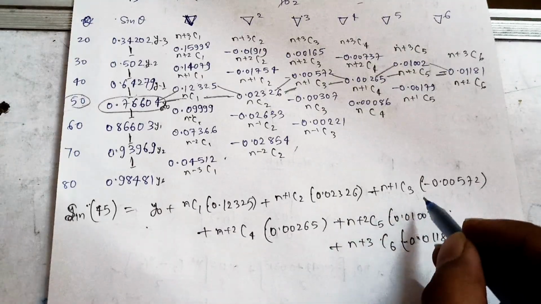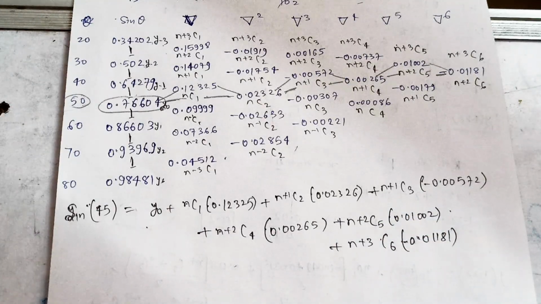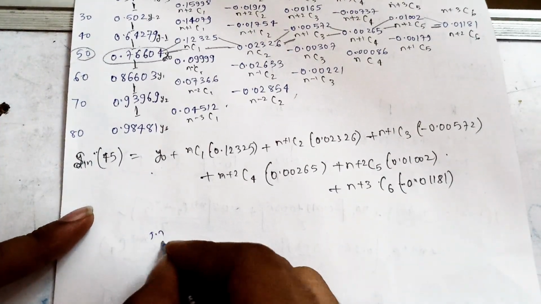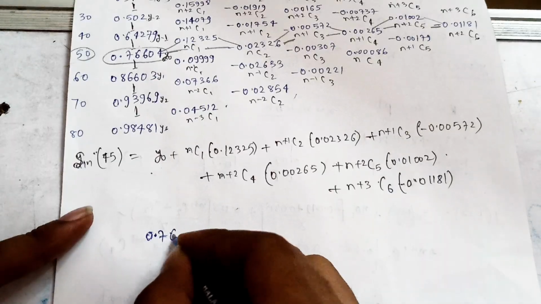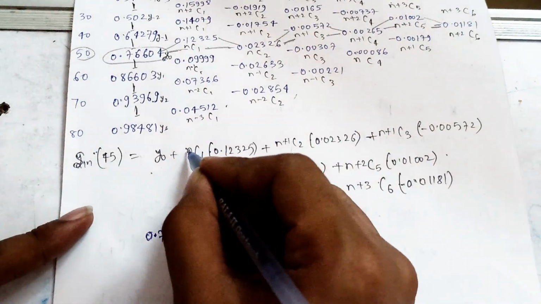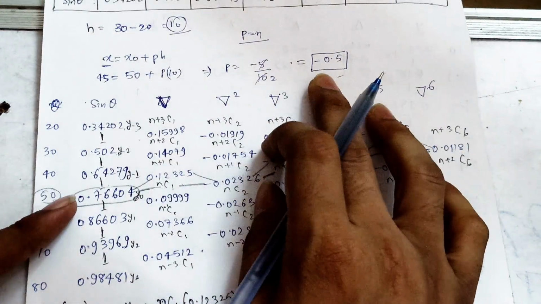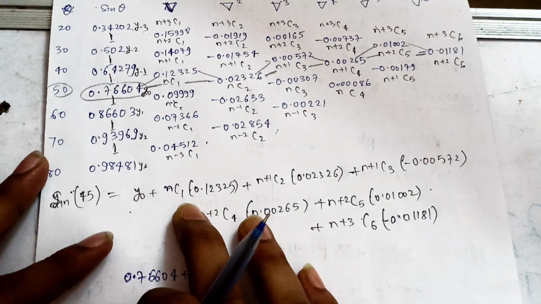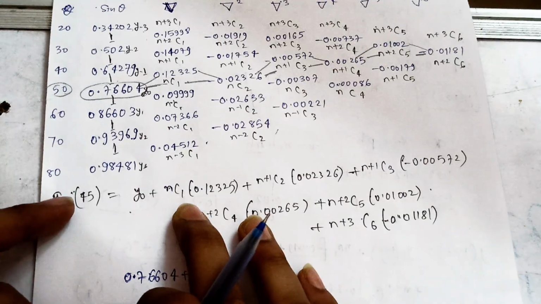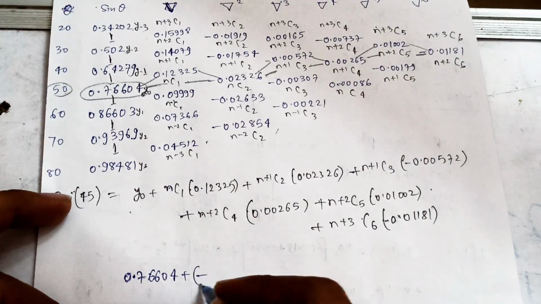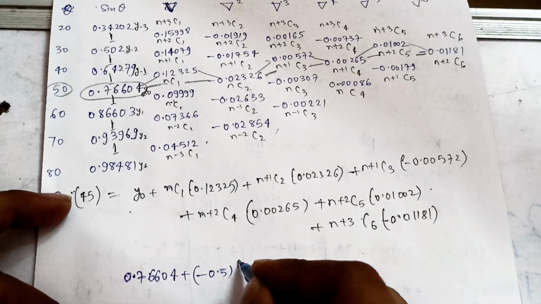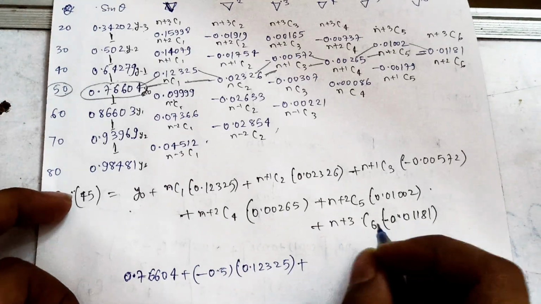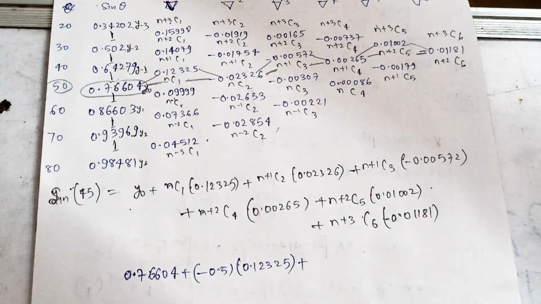Firstly, we know that the value of y naught is here 0.76604, and we know that n is here minus 0.5. So the value of n c1 we can directly write as minus 0.5. So I'm writing minus 0.5 and multiply with 0.12325 here. Next, we need to find n plus 1 c2. So let's find it in the row.